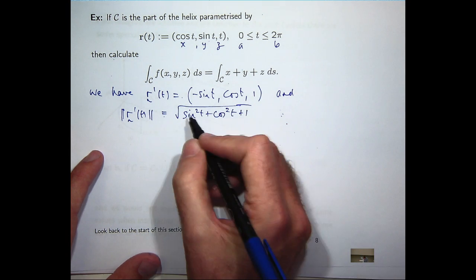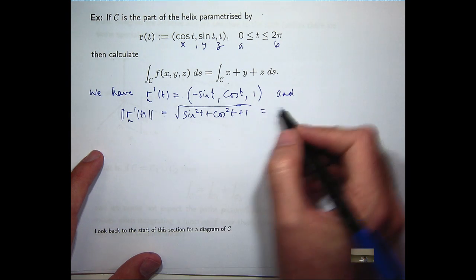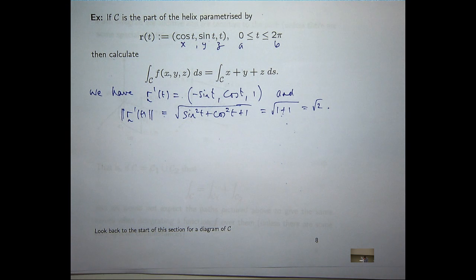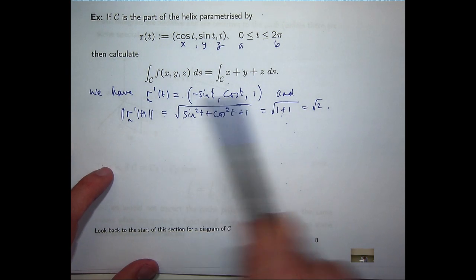So sine squared plus cosine squared equals 1. So I'll get another one where actually the magnitude of the tangent vector is constant. Again, that's not always the case. Okay? So physically, this would be a tangent vector to the helix.